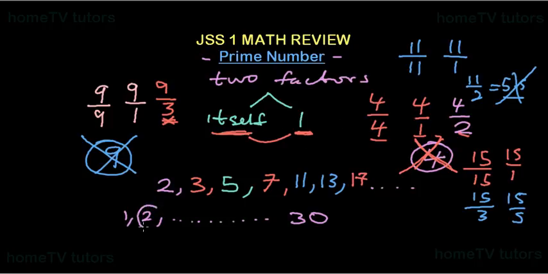Then circle out the prime numbers as you find them. Do that on your own. That is a revision exercise. Please do that so that you can really understand the concept of prime numbers. There's no need for you to cram anything or try to memorize anything.